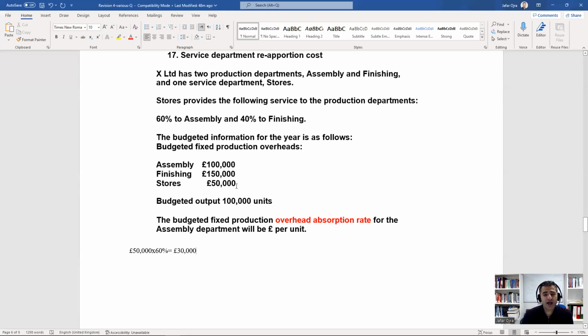This is what we reapportion from the stores into the assembly department. So the question asks you to calculate the assembly overhead absorption rate. In this case, we have 30,000 here, and we add it to the original overhead, which is 100,000 pounds.